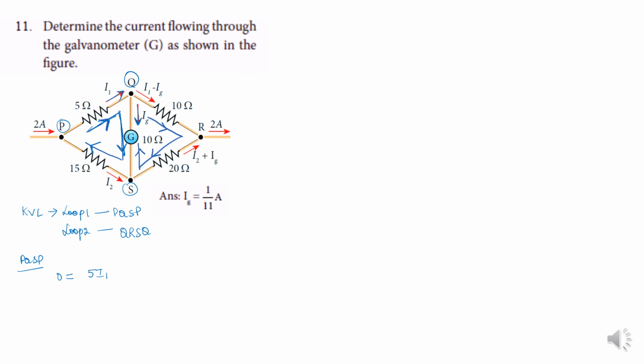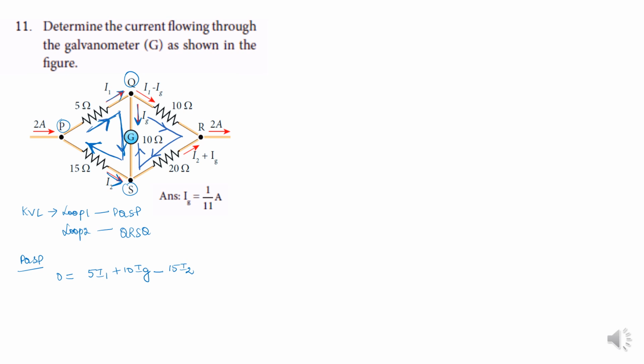The galvanometer resistance is 10 ohms, so this is plus 10 into Ig. Then the trace direction is this direction, but the current direction is opposite, so I have to use minus. Resistance is 15, current is I2, minus 15 I2.